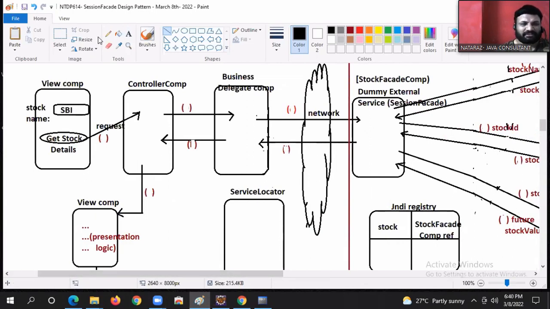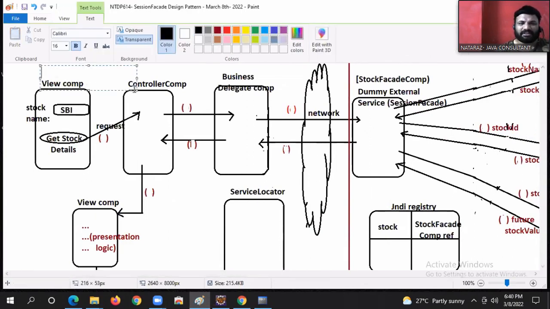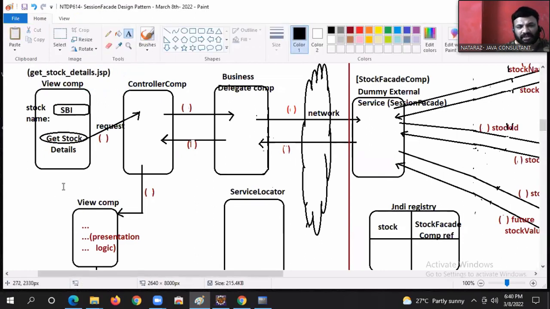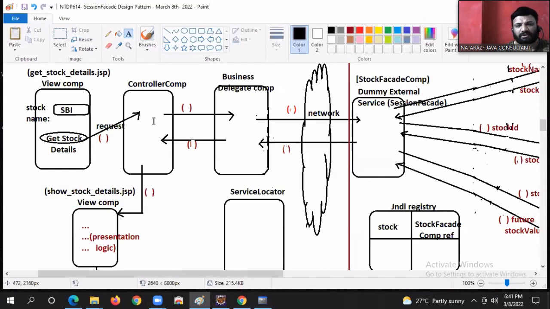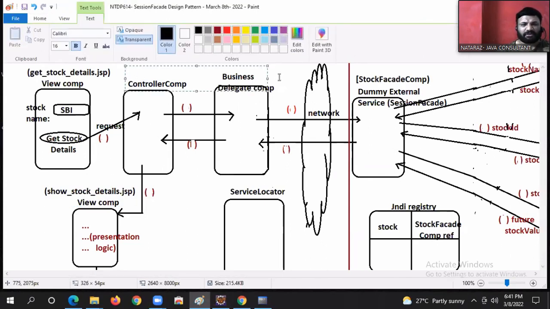Now tell me, what is the component name? get_stock_details.jsp. Next, show_stock_details.jsp.